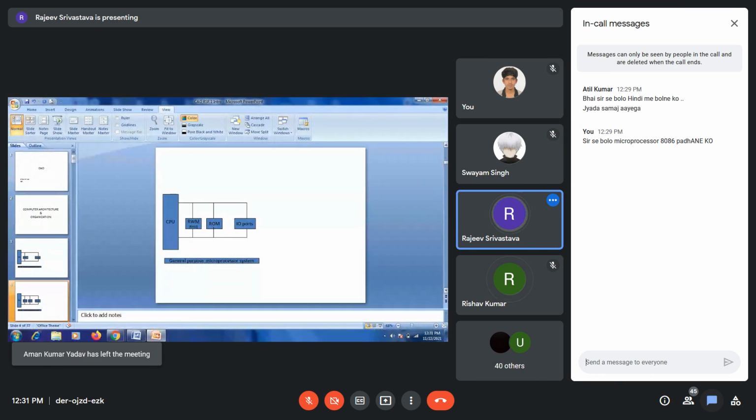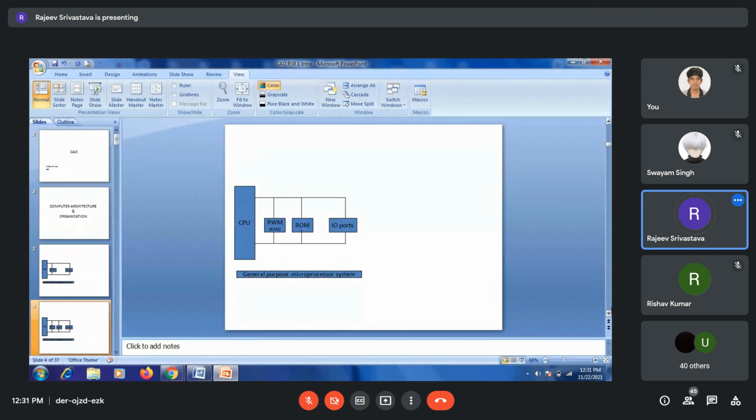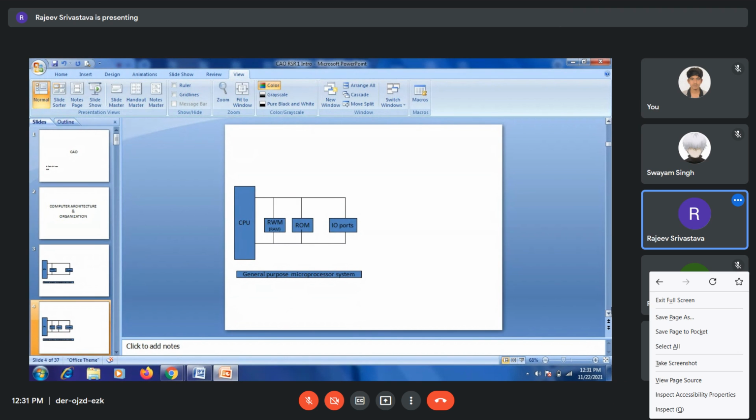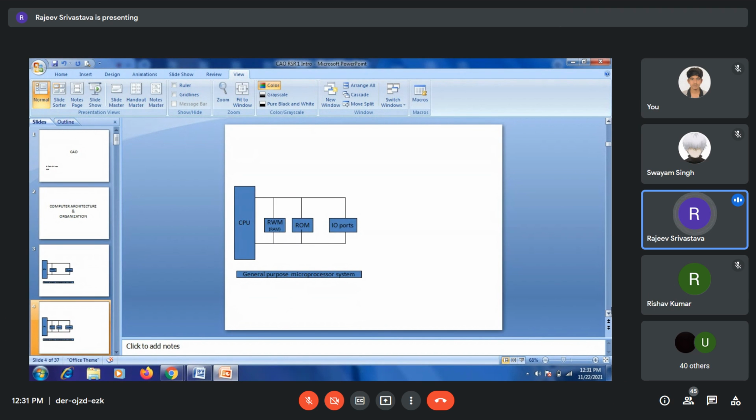Of course both memories are required in our system, because there are things we do not want to be altered by the user, so we store all of these in the read only memory.